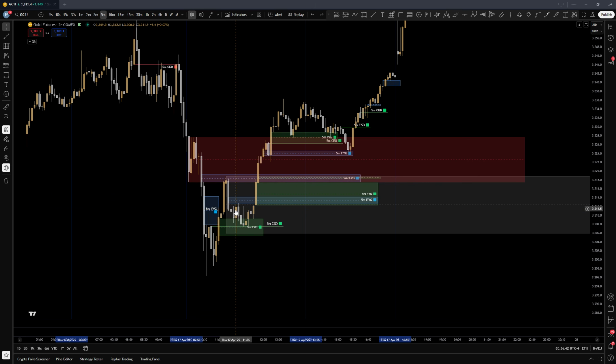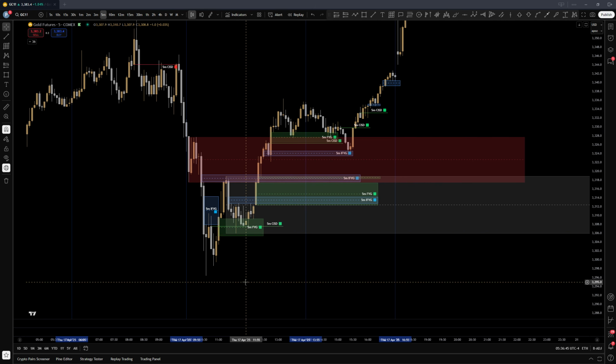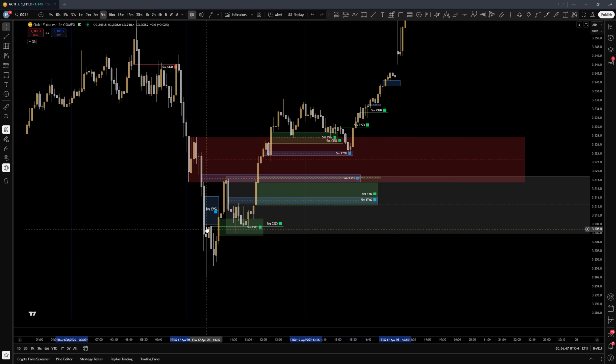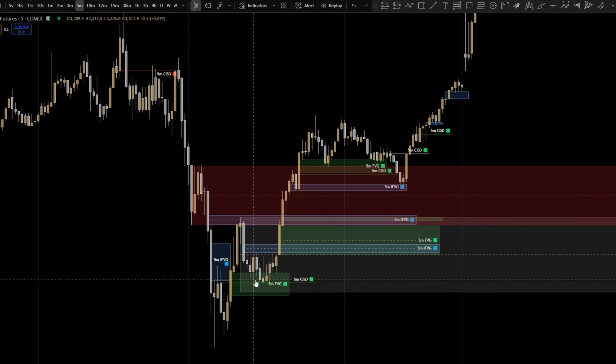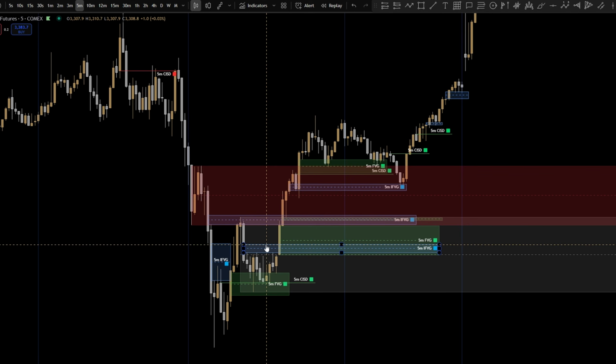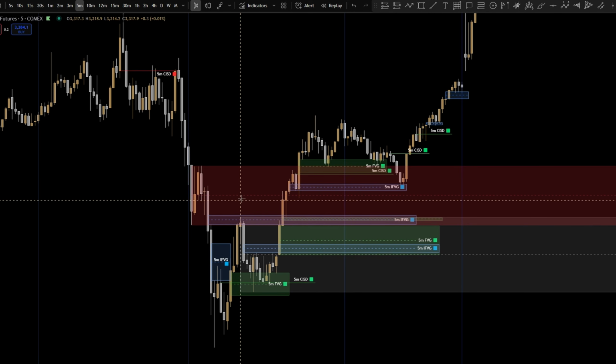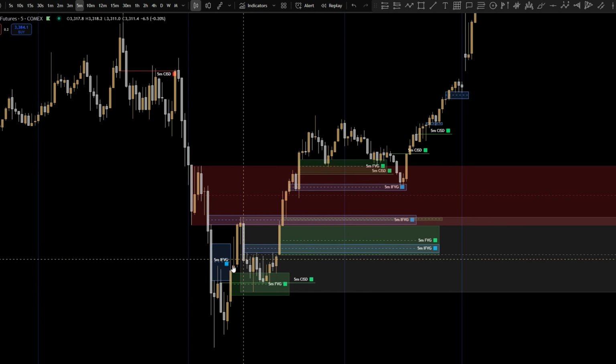So we get a reaction, but then we fail to push lower as we would expect, because this should be a pullback, an expansion, if we're going to go down. So we failed to make a new low here. And then we start to get all this bullish structure, and we tap into it and we start to push higher. So we can anticipate now that we might be getting ready to flip this zone.